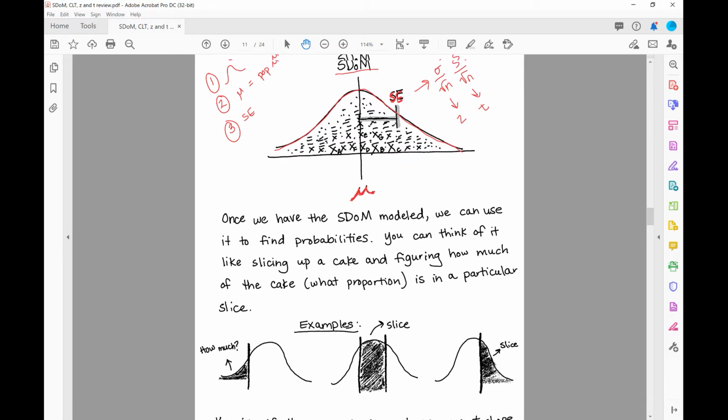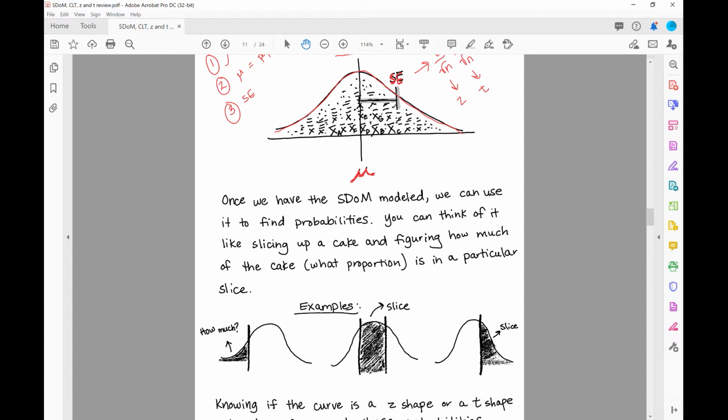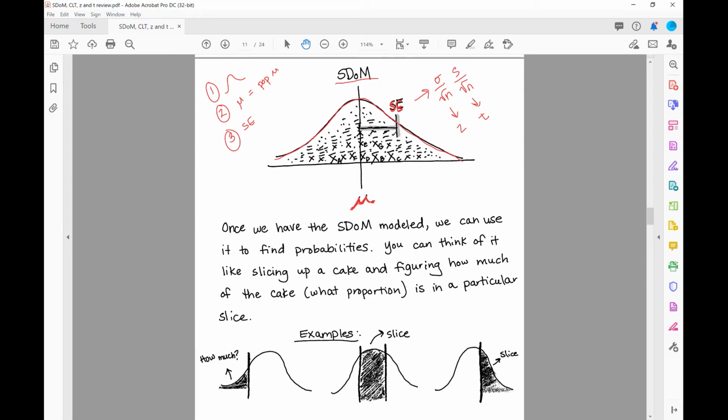Once we have this SDoM modeled, because we can put this model together without actually taking all these different samples, we can use it to find probabilities associated with certain things happening, with certain results occurring.